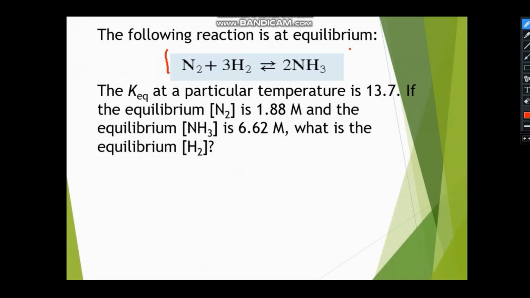This question will help you to know how to answer that. In this question, we will notice how we come up with the equilibrium constant and also how to perform the calculation of the missing concentration.